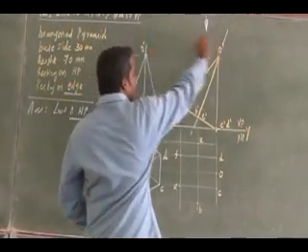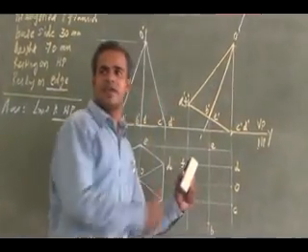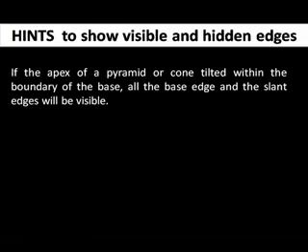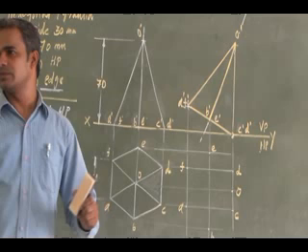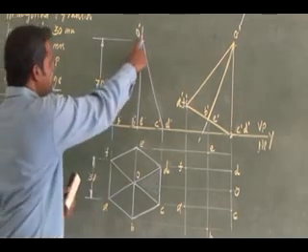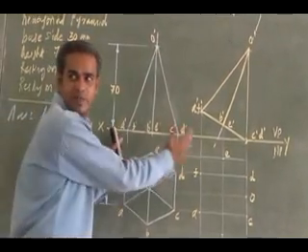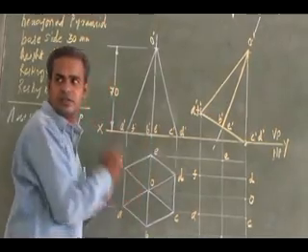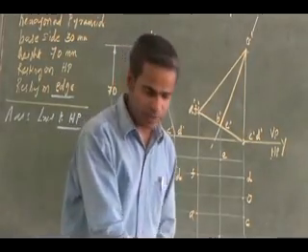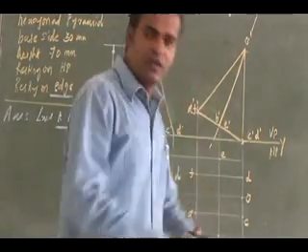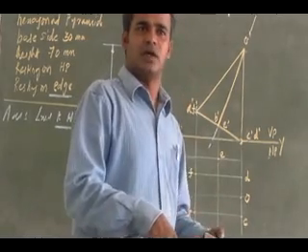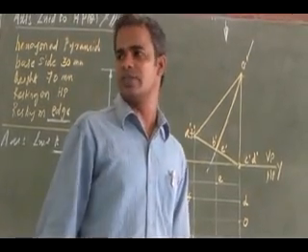If the apex is out of my base, then the base will be partially visible. Now see here, this apex is falling within this base. So I can see the base fully in this simple position, and all the slant edges are also visible.